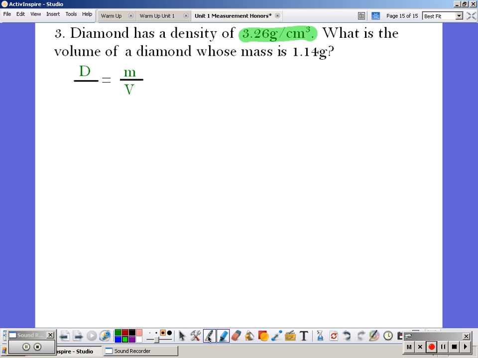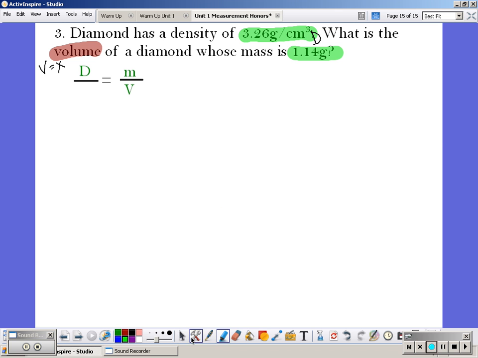So this is my density. Again, notice it has both mass and volume in the units. The problem says what is the volume, so I'm looking for V in this problem. So my volume is going to be my X, of a diamond which has a mass of 1.14 grams.